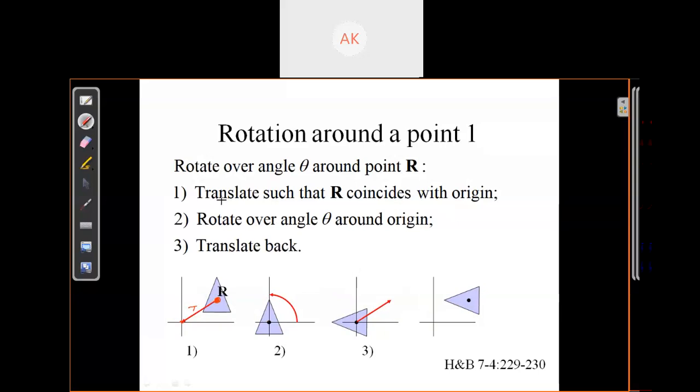So in this way, we translate the object when we set the rotational point as the origin, then rotate the object by the required rotational angle. After rotating, you shift back to your original position.